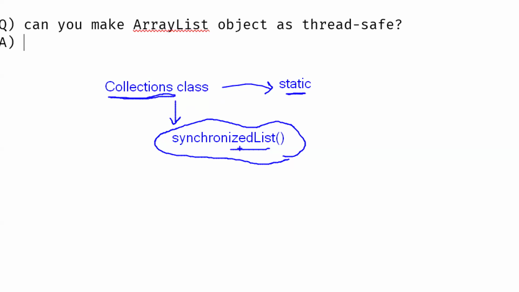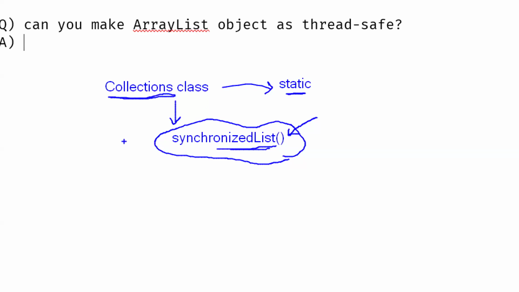Static methods can be called directly with the class name. So whenever I call this method, it will convert the given ArrayList object into a thread safe list object. Which method converts my list into a thread safe list?